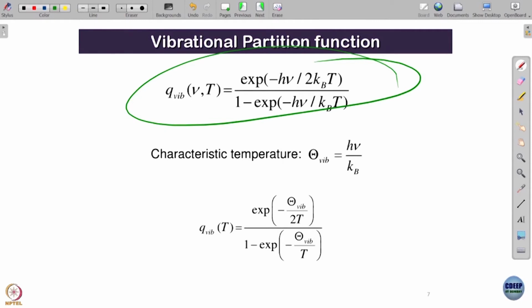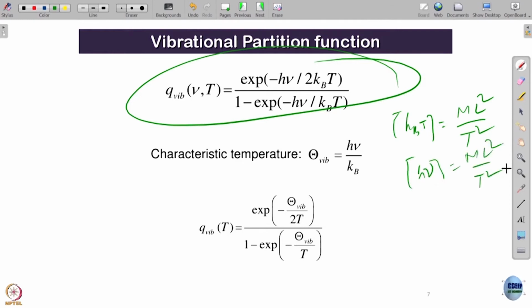Remember kBT is energy, and h nu is also energy, both are energy. So h nu by kB has the dimension of temperature.